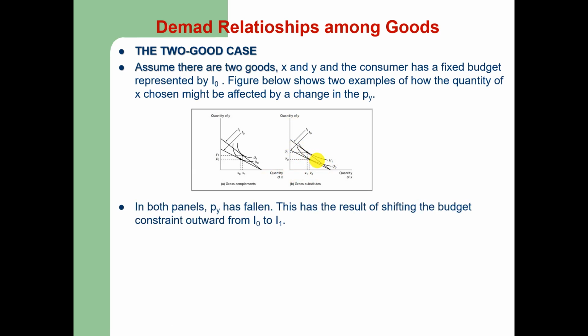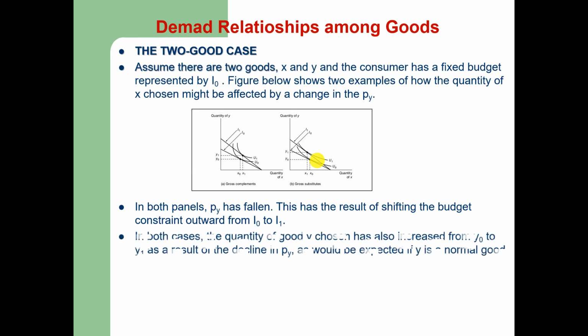In both these panels, the price of Y has gone down, and this has resulted in shifting of the budget line outward from I naught to I1, as I mentioned earlier. In both cases, the quantity of Y chosen has also increased from Y naught to Y1 as a result of the decline in the price of Y, as would be expected if Y is a normal good.